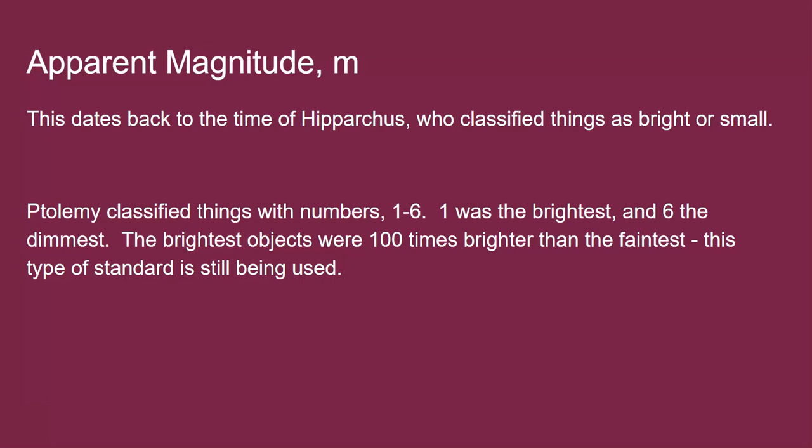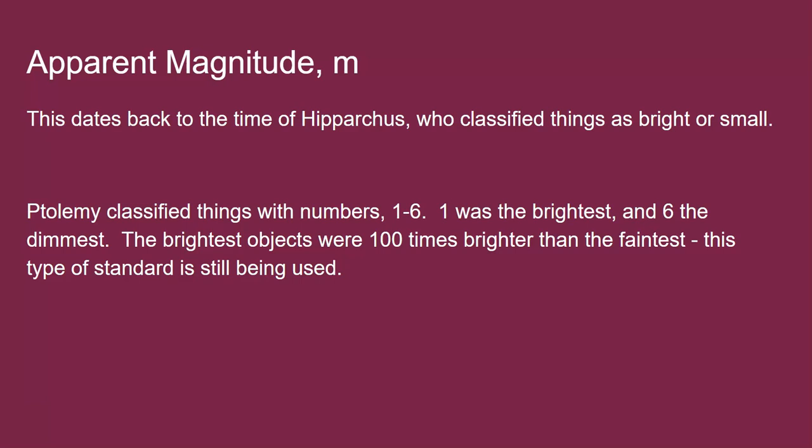He classified things as bright or small, but a few hundred years later, Claudius Ptolemy, in his Almagest, which was the great pre-telescope scientific work all about astronomy, he classified things with numbers 1 to 6. 1 was the brightest and 6 was the dimmest, and he estimated that the brightest objects were 100 times brighter than the faintest. And that standard is actually still used.